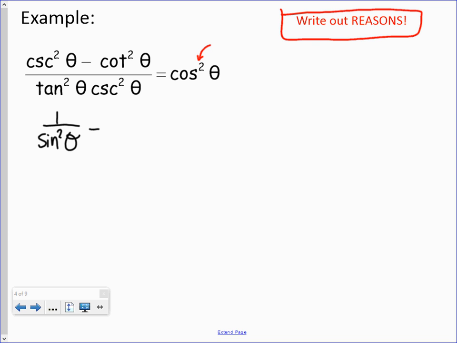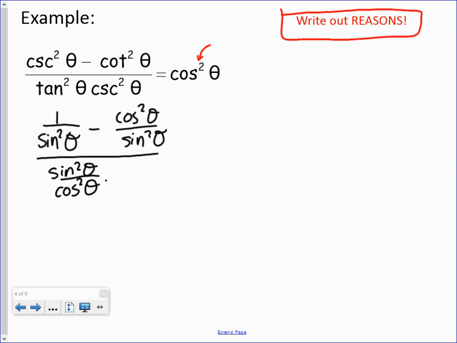So cosecant squared becomes 1 over sine squared. Cotangent becomes cosine squared theta over sine squared theta. That's my numerator. And then in my denominator, tangent squared is sine squared theta over cosine squared theta. And like Trevor said initially, that cosecant he's going to write out as 1 over sine squared theta.